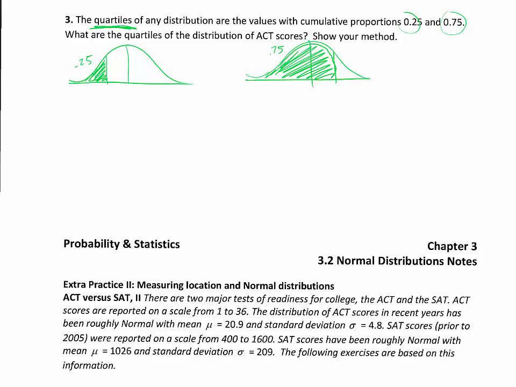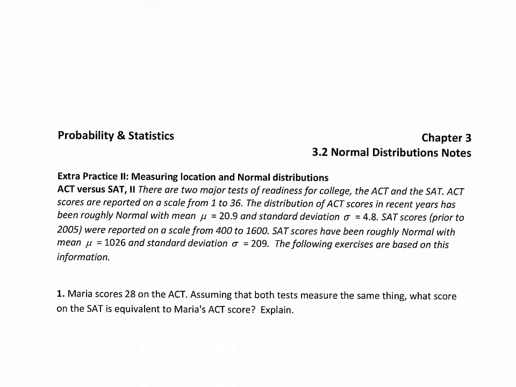Now it is our job to figure out, hey, what number is this? What number is this? So if this is 0.25, we know that's 25%. This is 75%. And these things are area. So if we are given area, the 0.25 and the 0.75, on our table, we need to find that area. So if that's what we're given, that's what we need to find.